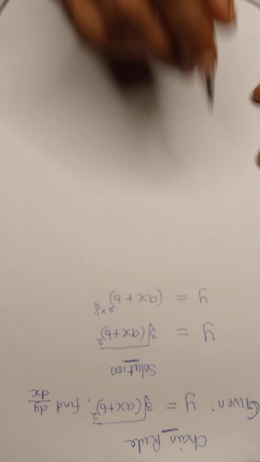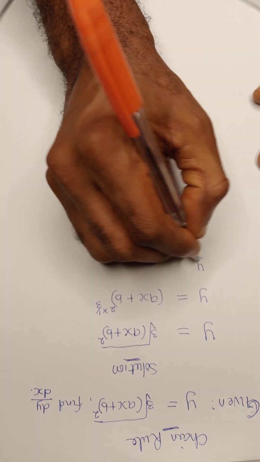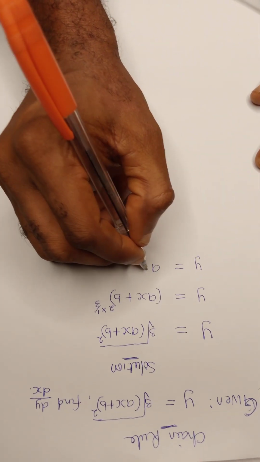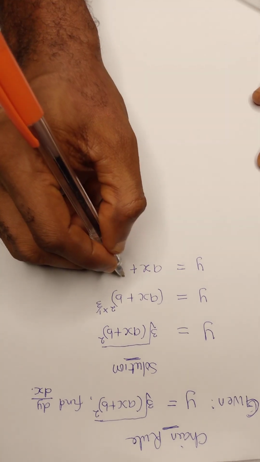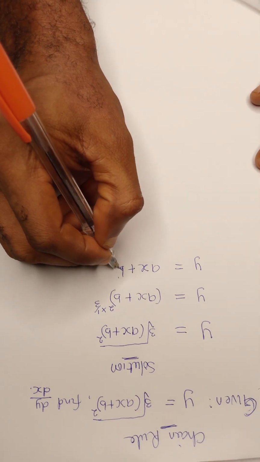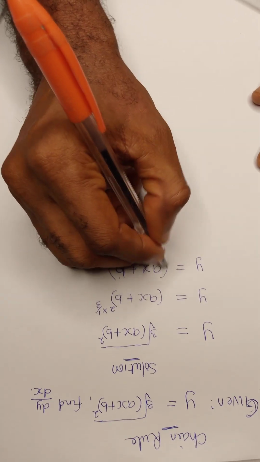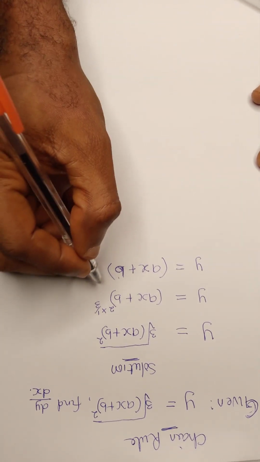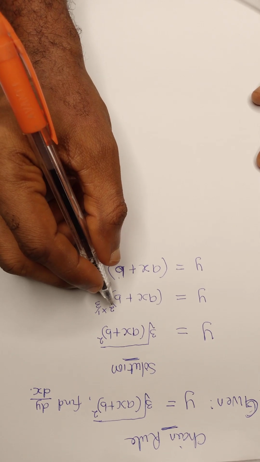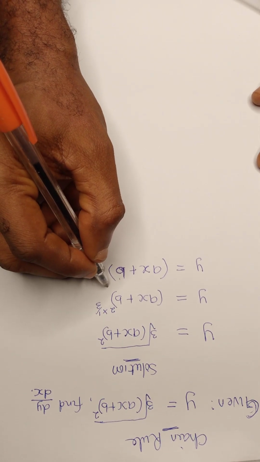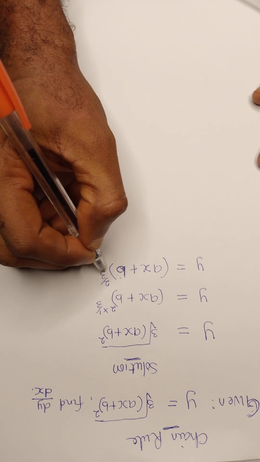So from here we are going to have ax plus b, all raised to 2 times 1 over 3, which gives us the power of 2 over 3.